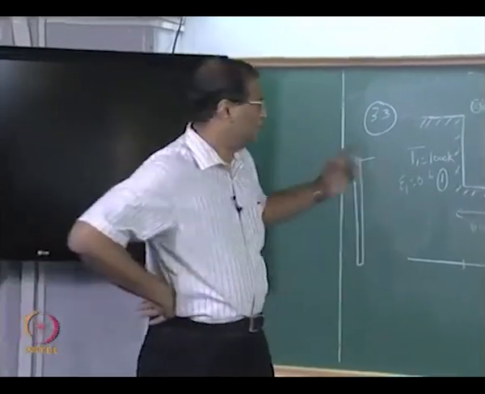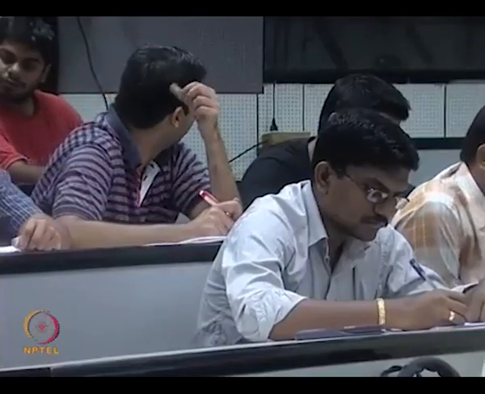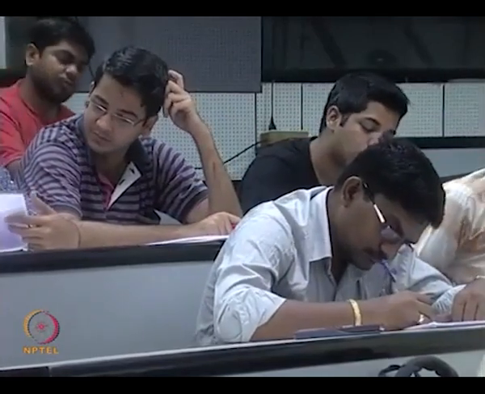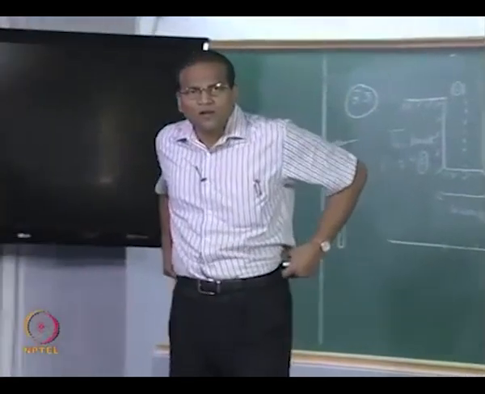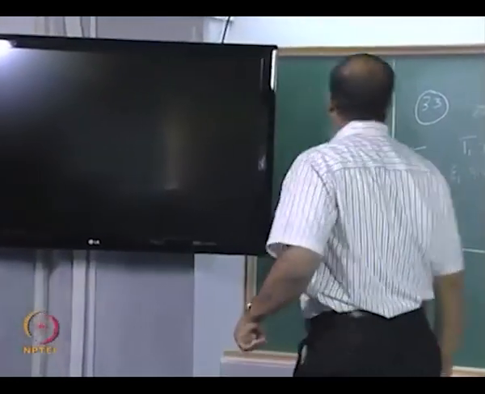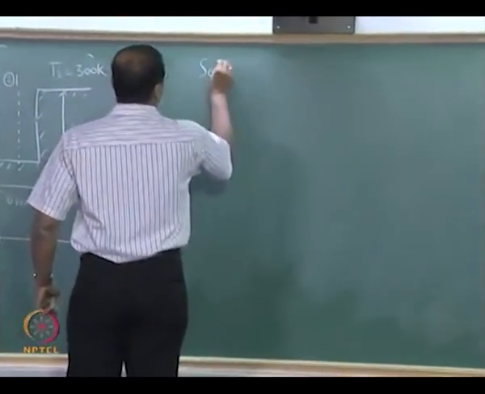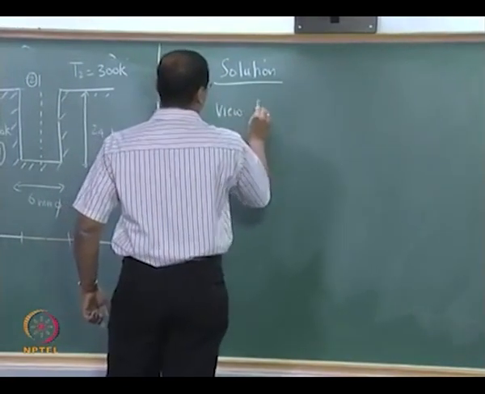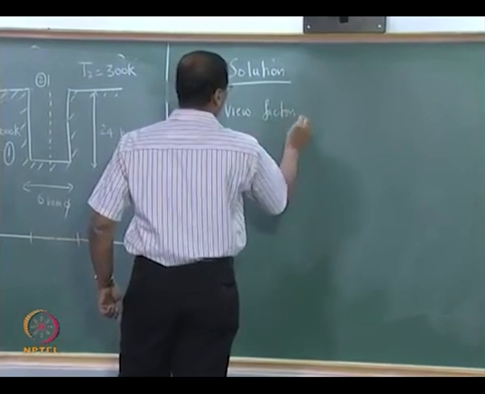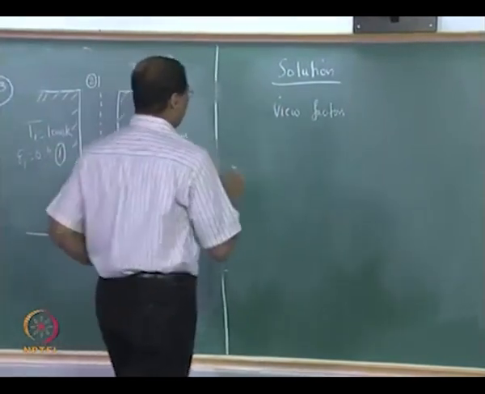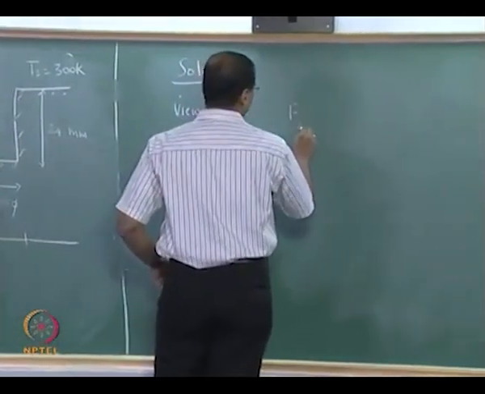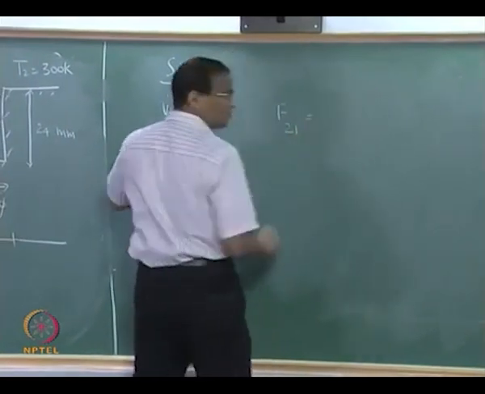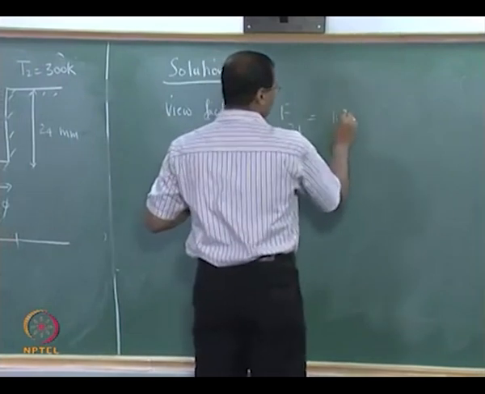Now let us start solving. So what is the first step in an enclosure problem? View factors, very good. So, solution. F11, F11 I do not know, F21 is 1, F22.